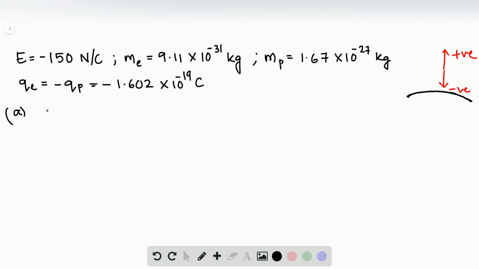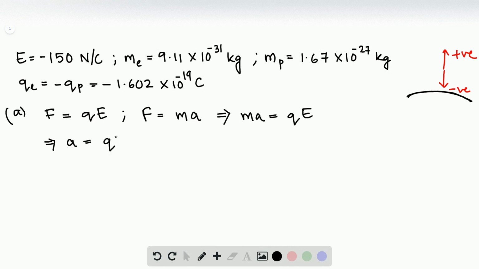Now, the electric force is given by the charge times the electric field, and force is also equal to mass times acceleration. So combining these two equations, we get mass times acceleration is equal to q times E, and this gives me acceleration is equal to q times electric field over mass.